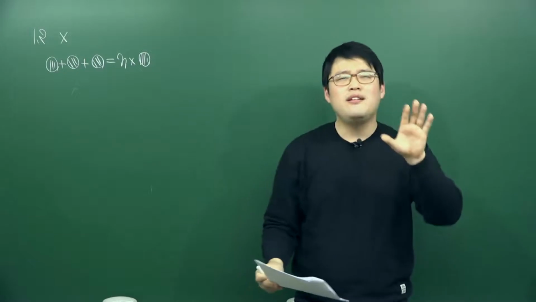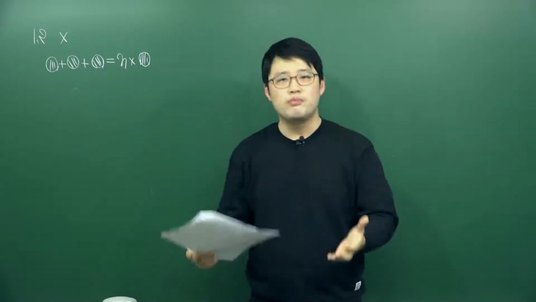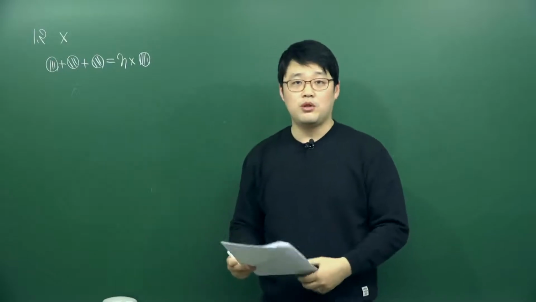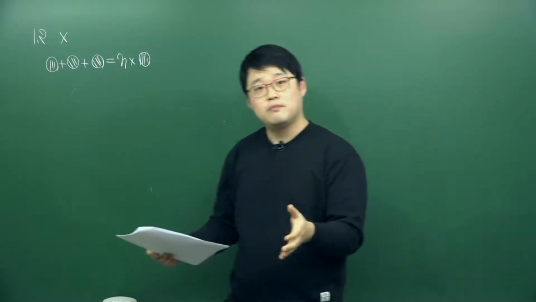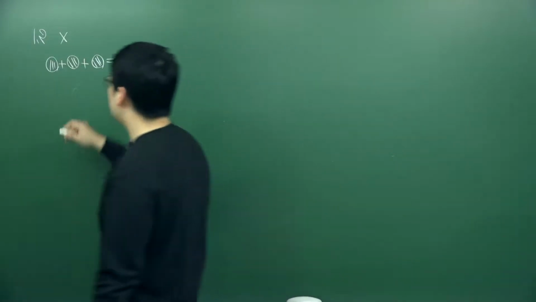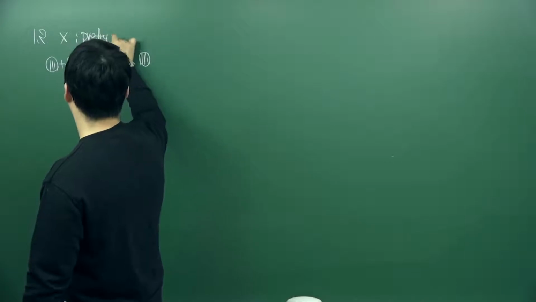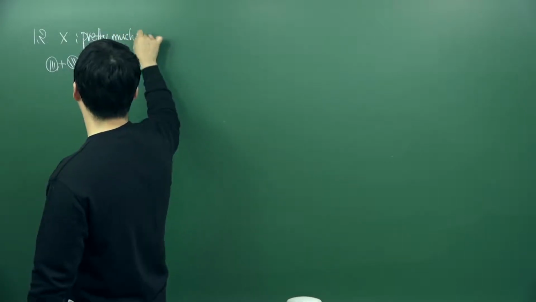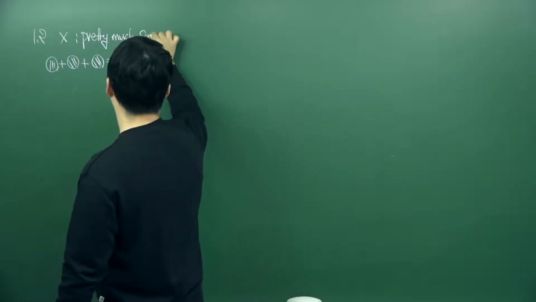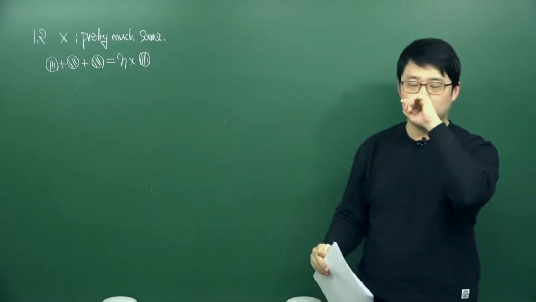However, other than this basic idea of multiplication, I just want to see the algebraic property of multiplication. Does order matter? Order does not matter. So pretty much the same as the addition, okay?